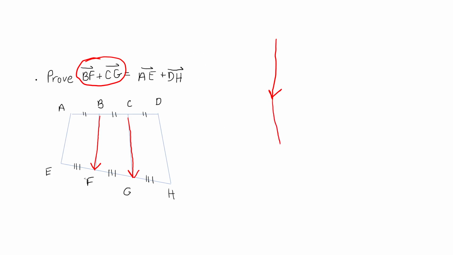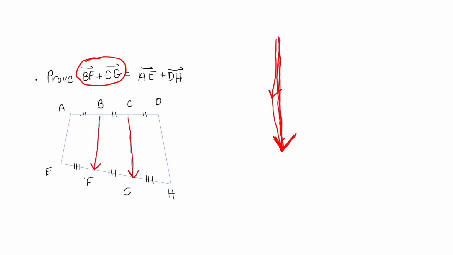Maybe it looks like that. And so now if I add the BF plus the CG, I get kind of this resultant, which looks almost vertical, I guess. It doesn't have to look vertical for this question to work. It just happens here it does. So basically BF plus CG would roughly be equal to this bolded vector.